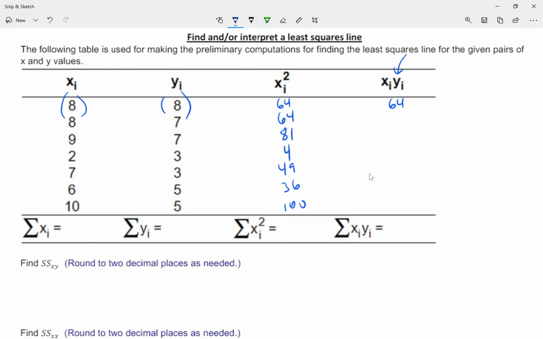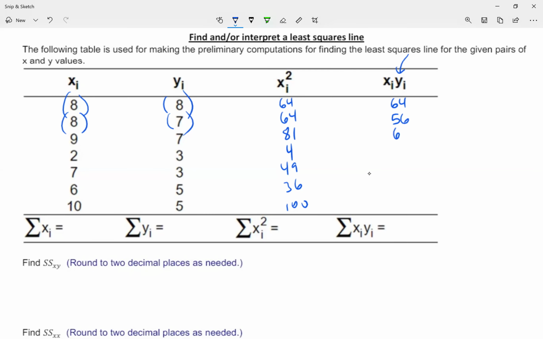My next number is going to be 56, because I'm going to go 8 times 7, right? I'm multiplying the values of x times the values of y. So to complete this, it will be 63, 6, 21, 30, and 50.